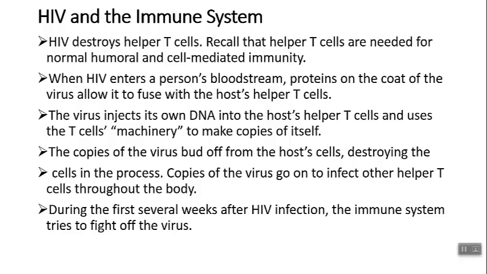When the HIV virus enters the bloodstream, the protein coat on the virus allows it to fuse with the host T helper cell. One very important thing to keep in mind is that when the HIV virus enters the bloodstream, it gets attached to the T helper cell, and the viral protein coating helps it to fuse with the T helper cells.